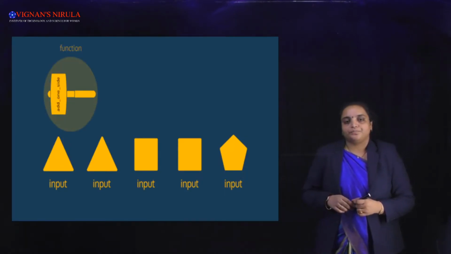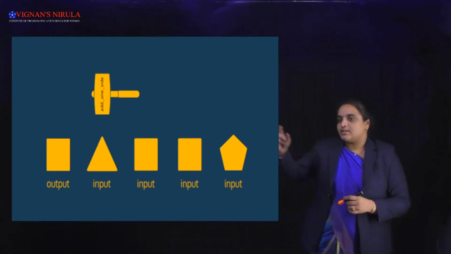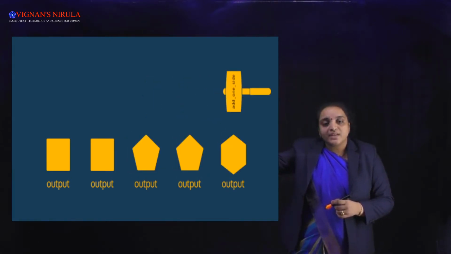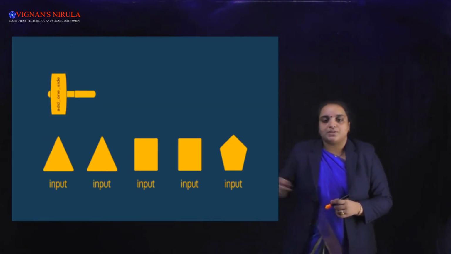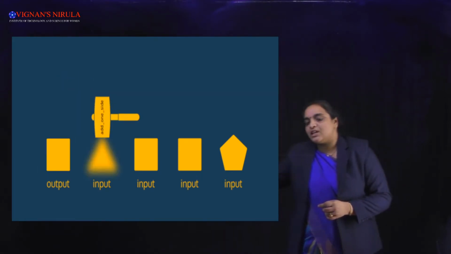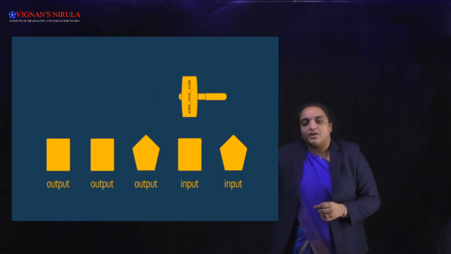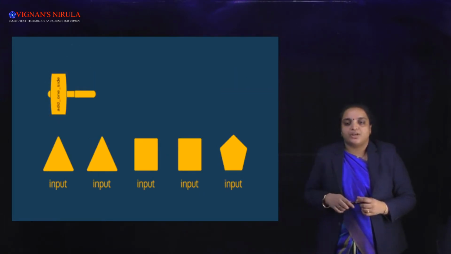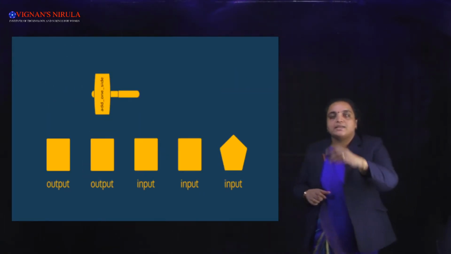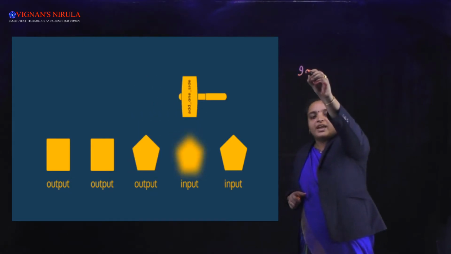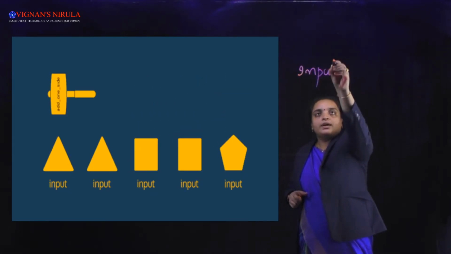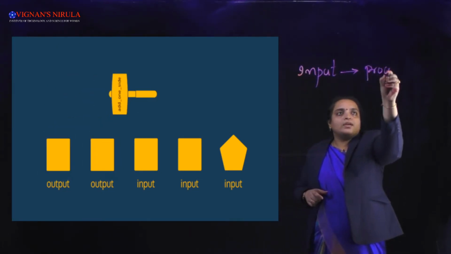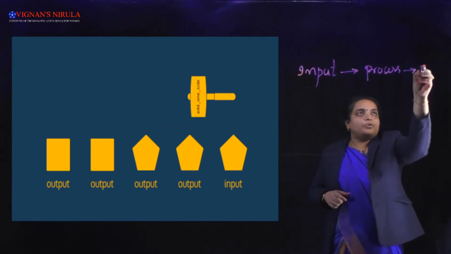If you see this example, the function is the same, but you are using this function on various inputs. If you take the first input, it will perform the same function. In the same way, if you take the second input, it will perform the same function. So the function's duty is to take the input, process it, and get the output.